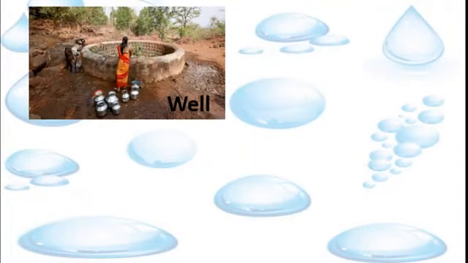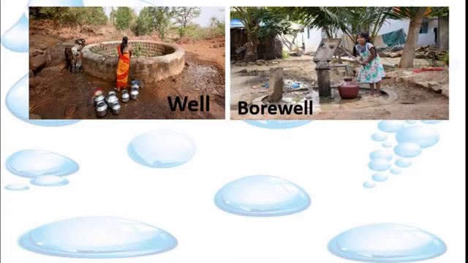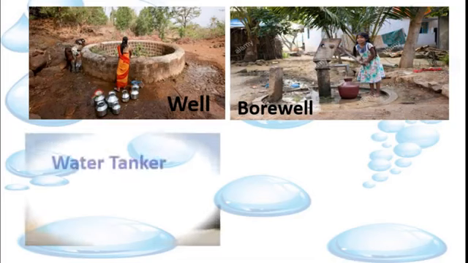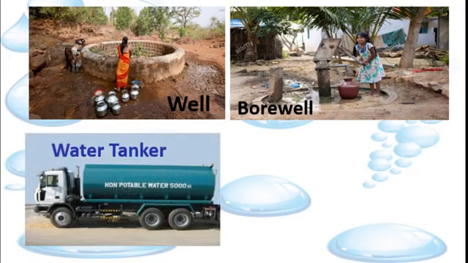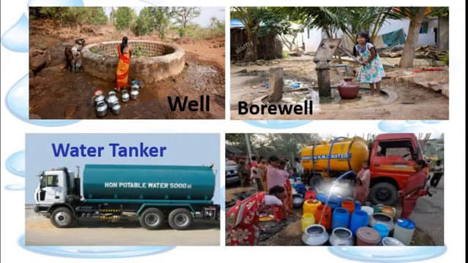See, even today in some places water is drawn from wells or bore wells for use at home. In some places water is supplied by transporting it by means of tankers. But it needs to be ensured that the water is potable.